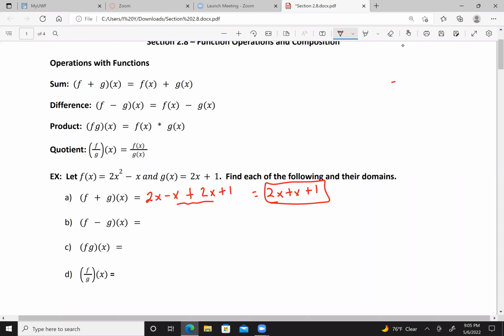F minus g of x would be, oops, that's squared, would be 2x squared minus x minus the whole thing, 2x plus 1. So 2x squared minus x minus 2x minus 1, or 2x squared minus 3x minus 1.